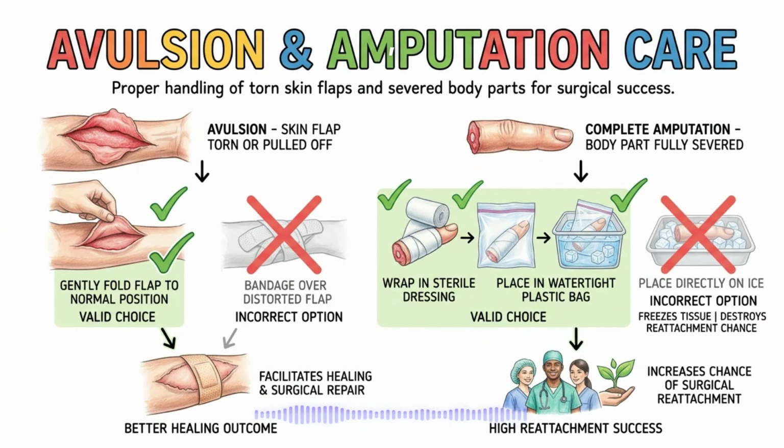For complete amputations, you must wrap the severed body part in a sterile dressing. Place it in a watertight plastic bag, and keep it cool by placing that bag inside another container filled with ice water. You must never place an amputated part directly on ice, as this will freeze the tissue and destroy any chance of surgical reattachment.